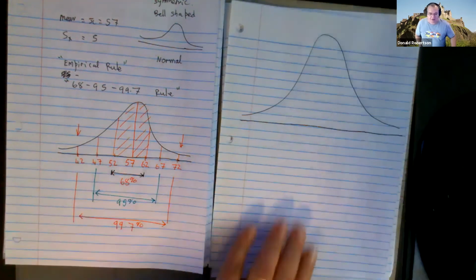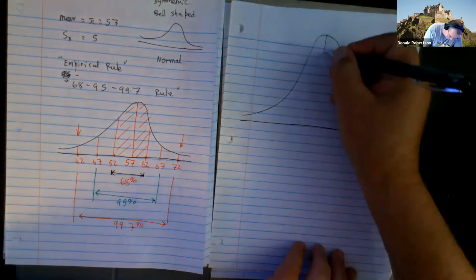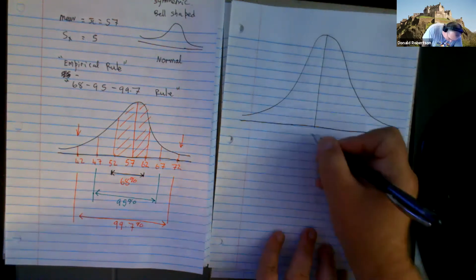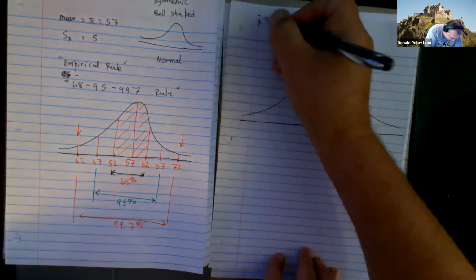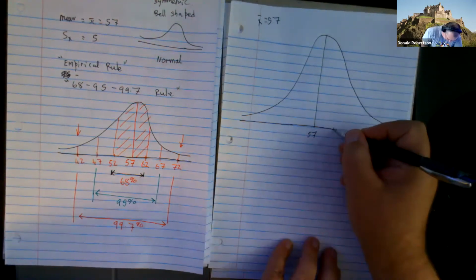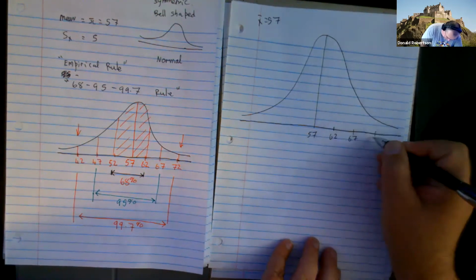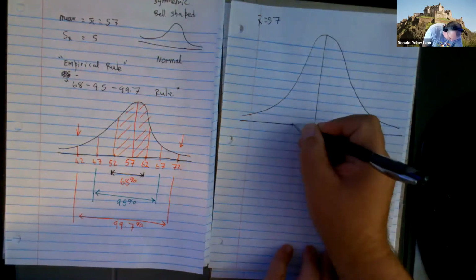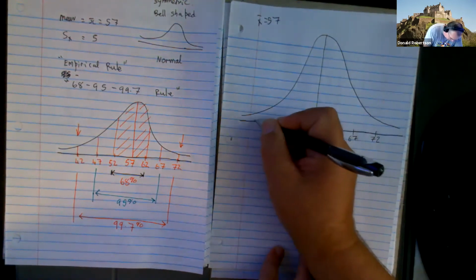Can you pretend that's just the same guy a little bit bigger? And I'm going to put 57 because in this question, that's the mean. And I'm going to put the same numbers in as we did before, 62, 67, and 72. And I'm going to go this way with 52, 47, and 42.